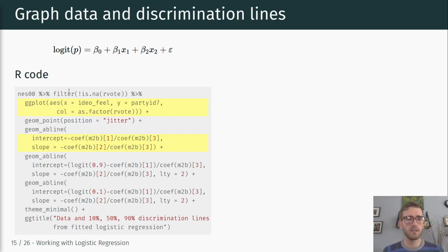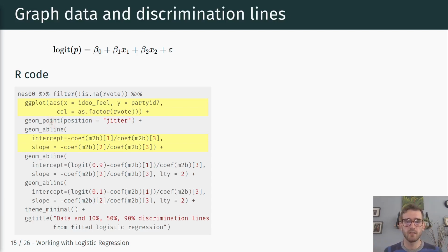In order to do that, the first thing we're going to do is create a scatter plot with our ideology feeling thermometer on the x-axis, our party identification on the y-axis, and we're creating, as I mentioned, a color coding for ones and zeros for each of those observations.